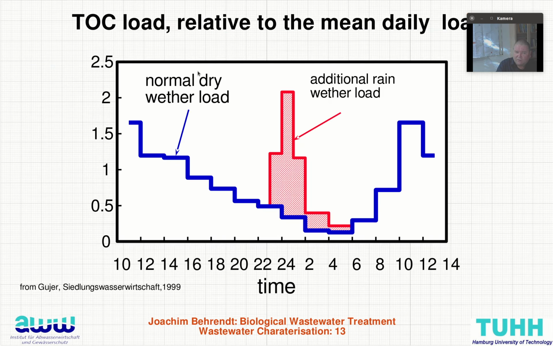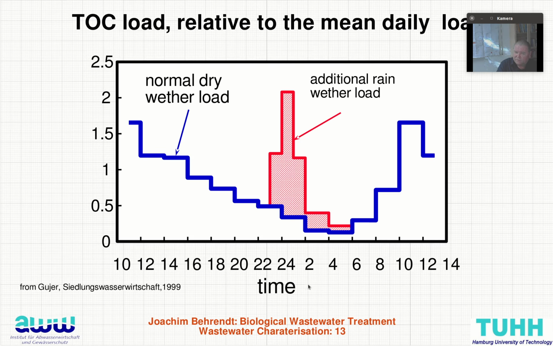Then we have special characteristics in wastewater treatment. Normally our wastewater does not come evenly during the day. We have peaks, and at other times a low amount of wastewater. Also under normal weather conditions, which we call dry weather, we have more influent during the day than during the night.